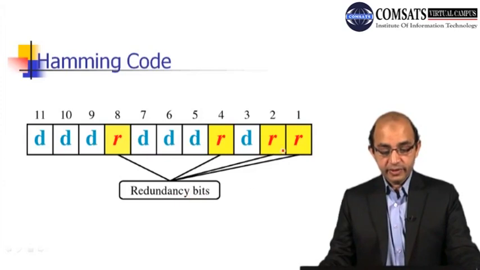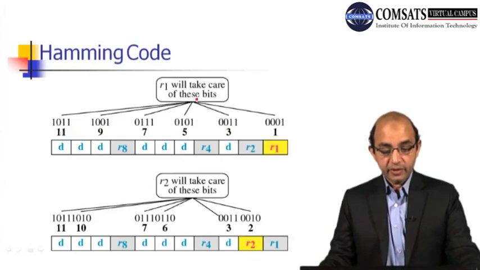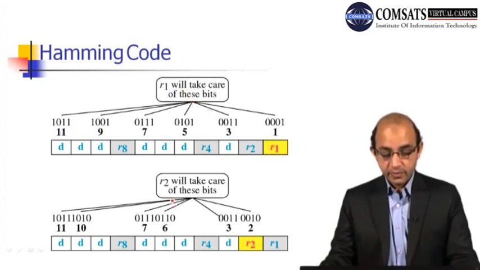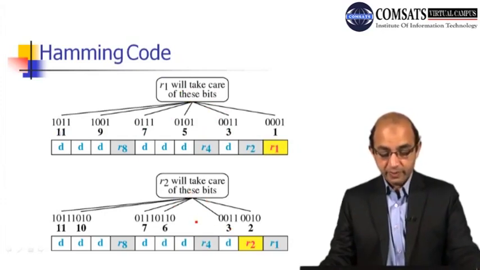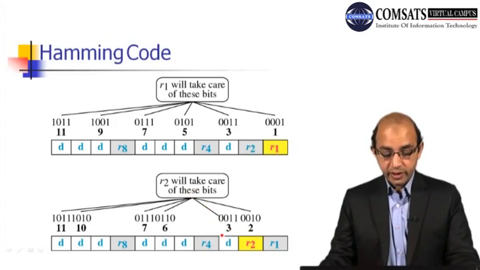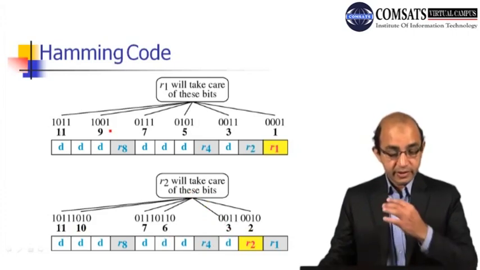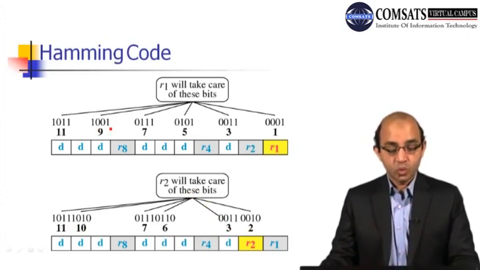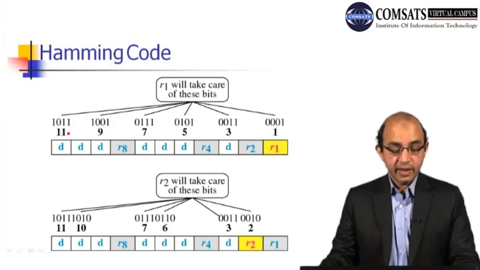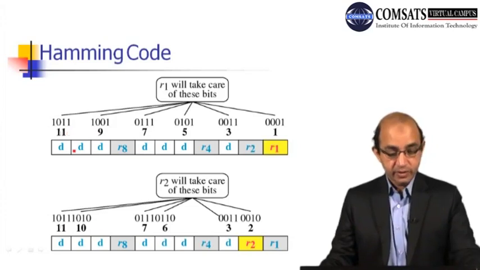These are the redundancy bits. In Hamming code, R1 will take care of these bits, and R2 will take care of these bits, those mentioned: 2, 3, 6, 7, and 10, and 11, right? You can see that these are actually 8 plus 1, 9, and then 8 plus 2 plus 1, 11, right?